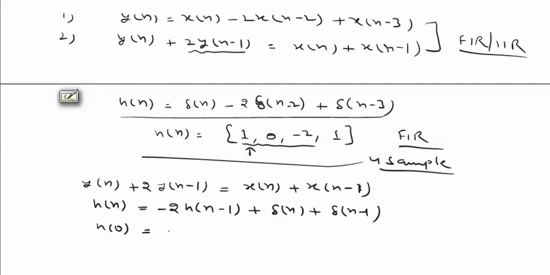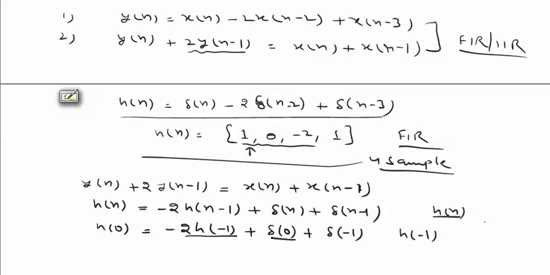Once I put n equals 0, we get minus 2h[minus 1] plus delta[0] plus delta[minus 1]. Delta[0] is 1, and h[minus 1] is 0 because h[n] is a causal, physically realizable system. So h[0] is 1.